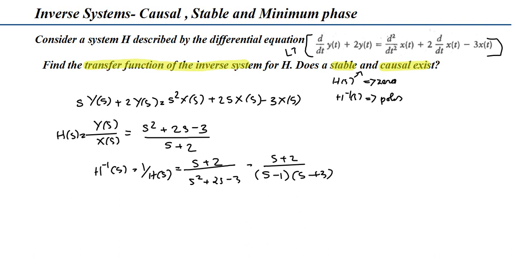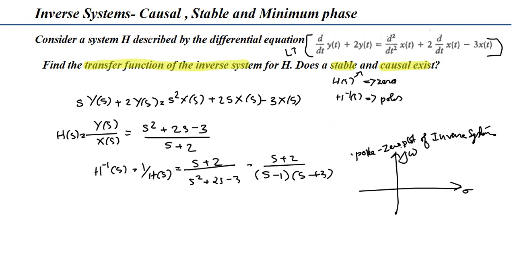Now we can check the poles and zeros. This is sigma and this is the j omega axis. This is the pole-zero plot of the inverse system.